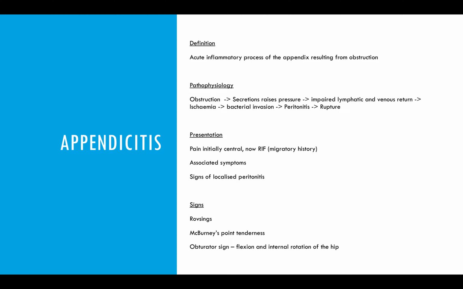So appendicitis. We all know about appendicitis. We've all heard about it. It's essentially an acute inflammatory response in the appendix, resulting normally from obstruction. Often what happens is the appendix, and I don't have a little picture, but hopefully you guys know that the appendix is a little organ that sits off the end of the cecum.